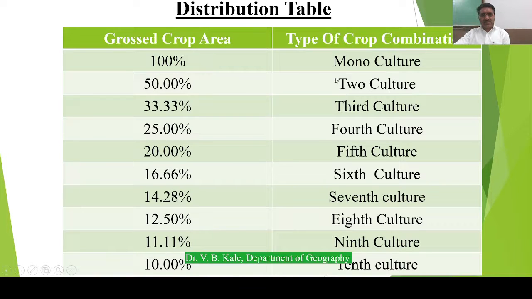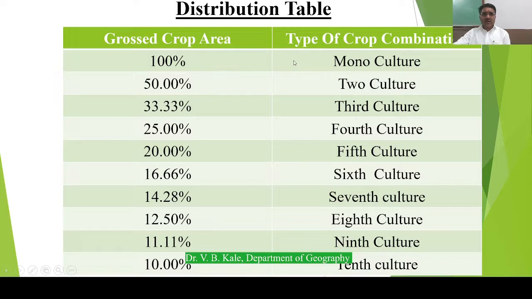Similarly we just divide 100 by 2, so calculation is 50%. We just divide it by 3, 33.33%, third culture, 25, fourth culture, 20, fifth culture, 16.66, sixth culture, 14.28%, seventh culture, 12.15%, eighth culture, 11.11%, ninth culture, and last one is 10%, that is 10th culture.